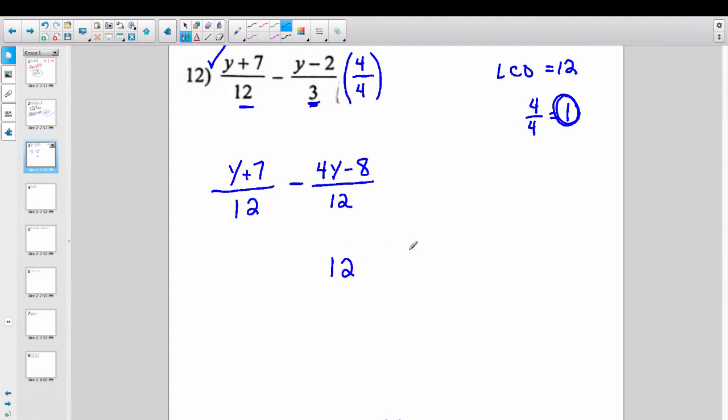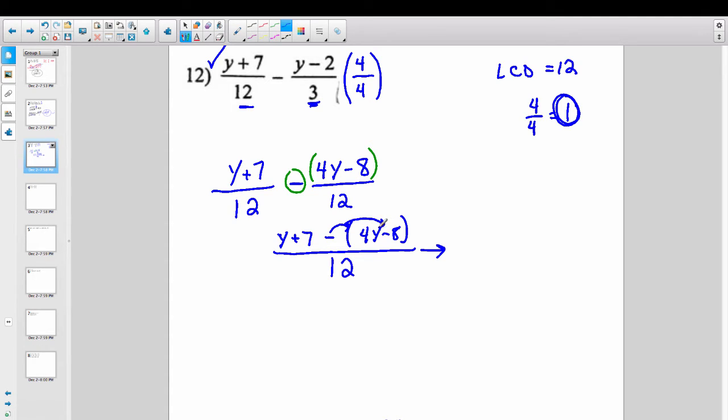So let's draw 12. And being very careful with this minus sign, I'm going to use parentheses. So I have y plus 7 minus 4y minus 8. The reason I do that is so that I remember that that minus sign applies to both.